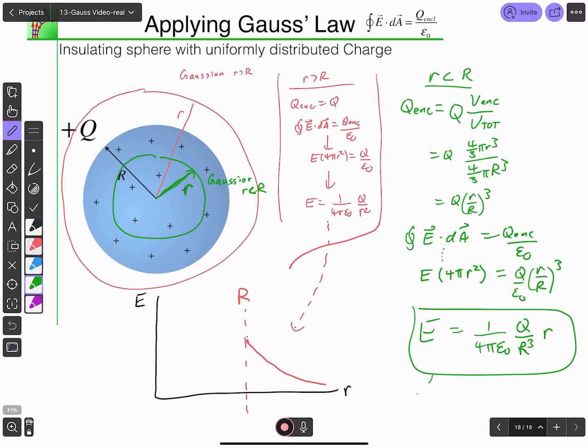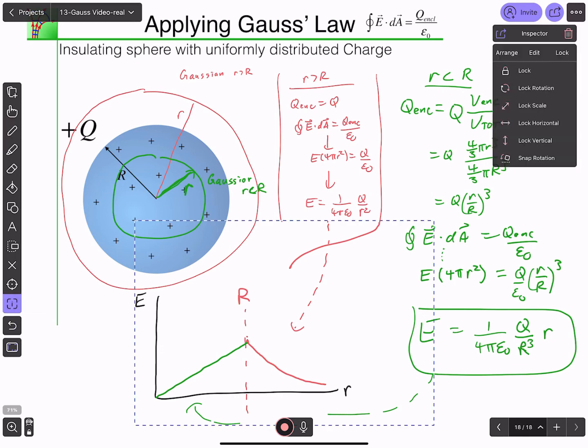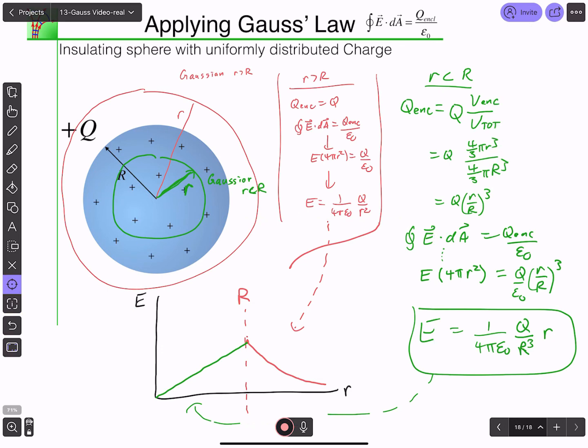Now, when we're inside, we're going to use this equation, and you see that it's a linear equation. It increases linearly as r. Inside the sphere, the electric field increases as you're enclosing more and more charge. Then, once I get to the surface of the sphere, the electric field starts to get weaker as I get further away from the charge. Neat.